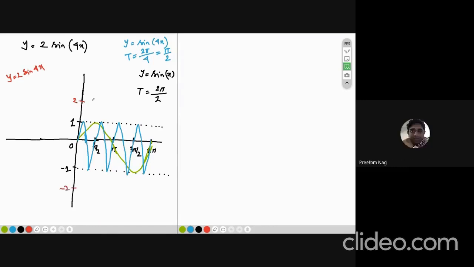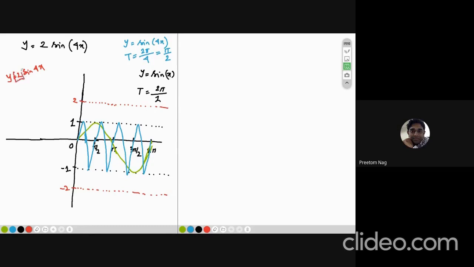Again, in order to bound the graph, we are giving a maximum and minimum boundary here, right? Now sin 4x will be amplified by 2 times.